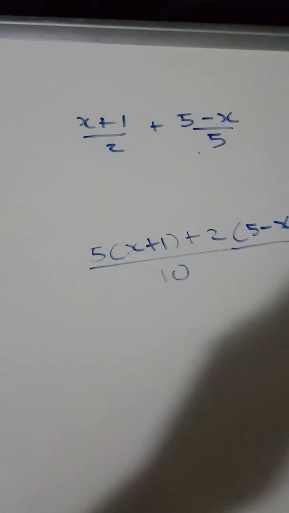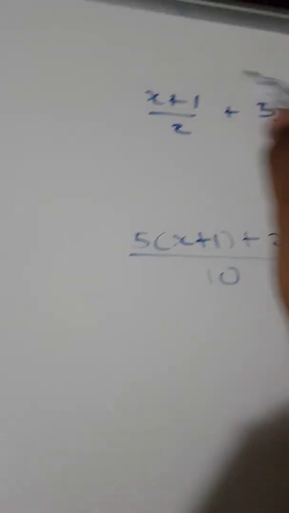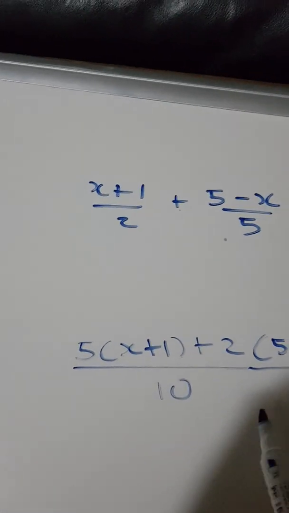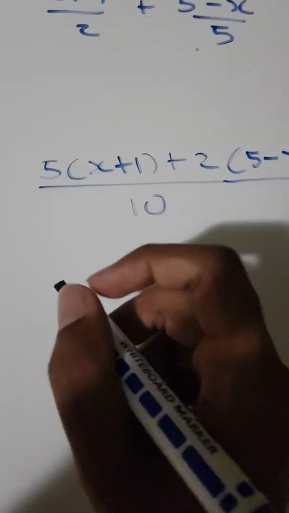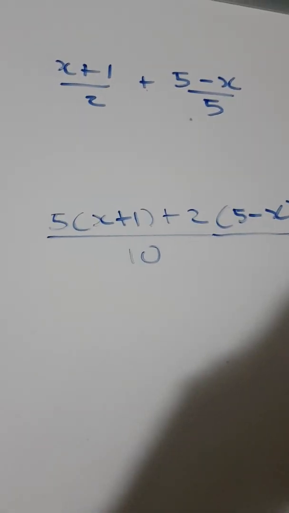So far we established our lowest common factor in order to make this entire operation into one fraction. Now, in order to simplify this further, we have to expand the brackets.